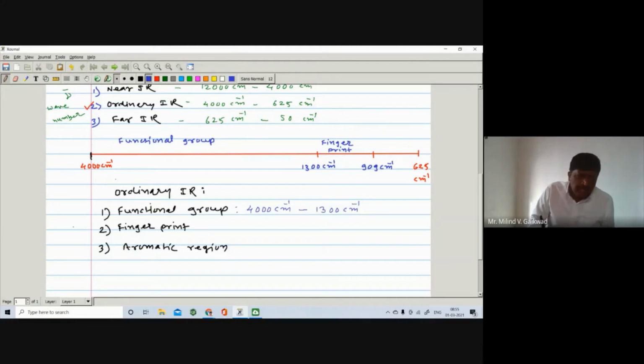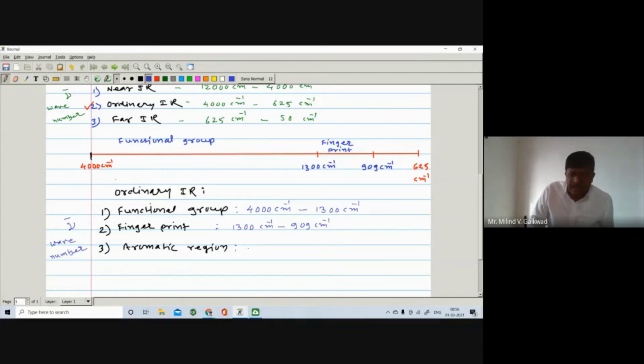These values are in wave number, meaning we are using wave number for this IR radiation. The fingerprint region starts from 1300 centimeter inverse to 909 centimeter inverse.